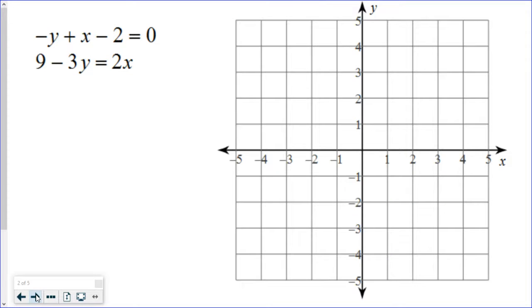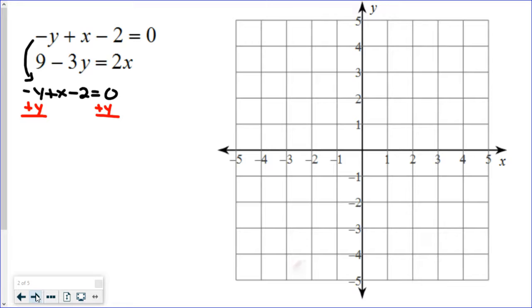Now, graphing these, here's the only problem, not in slope-intercept form. So look at that first one. I'm just going to rewrite it here. So I have -y plus x minus 2 equals 0. Okay, here's the one thing. If you see a negative, if this is a big long equation like this, I'm going to add y because I just want to get y by itself.